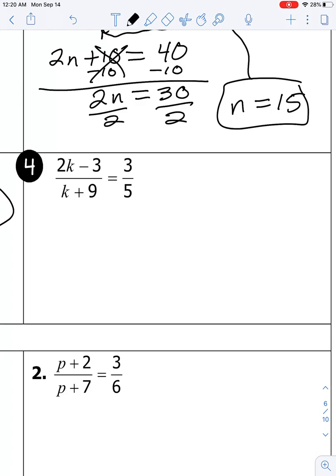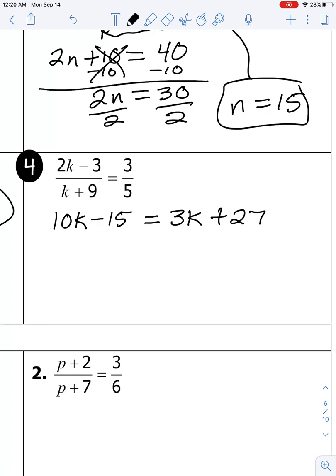So 5 times 2k is 10k. 5 times negative 3 is negative 15. Put my equal sign, and now I'm going to go the other way. 3 times k is 3k. 3 times 9 is 27.